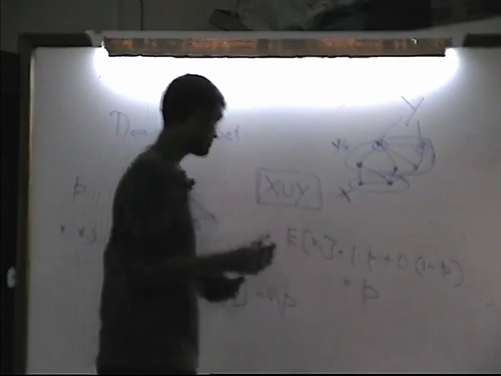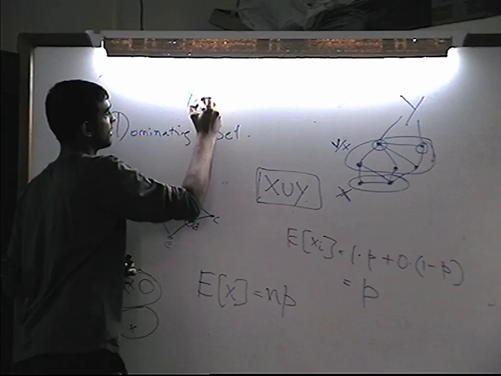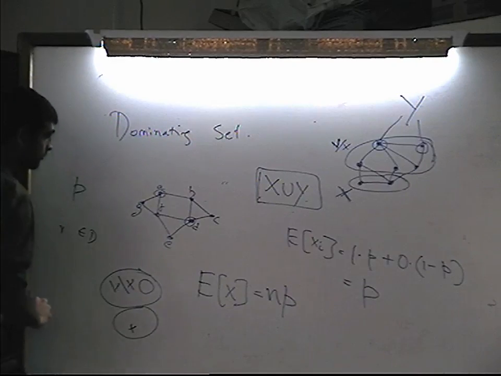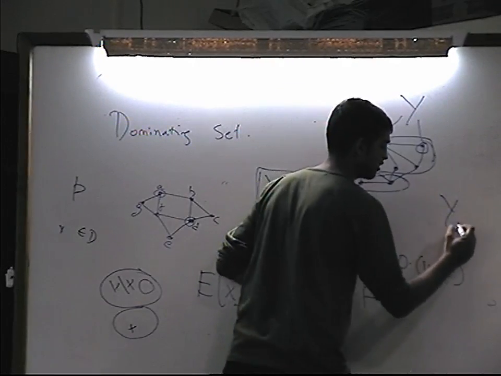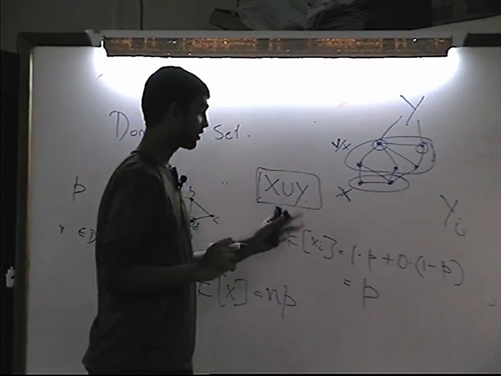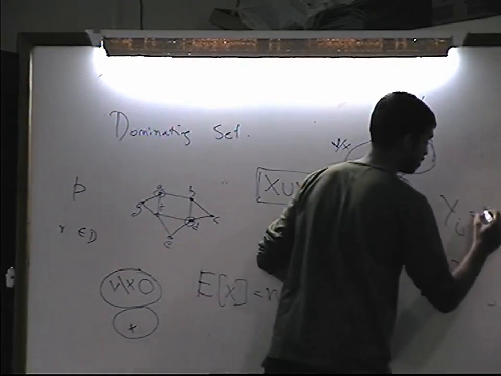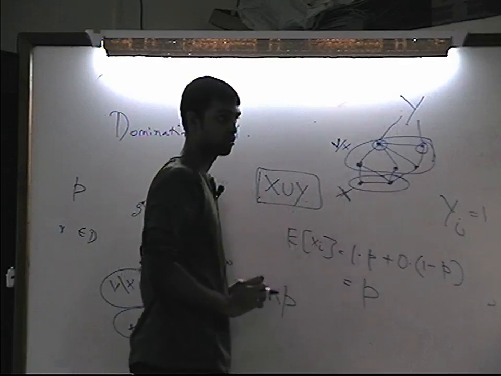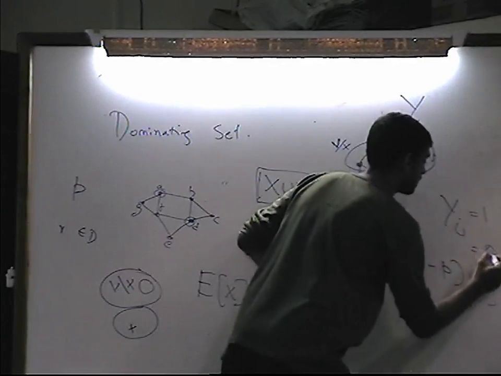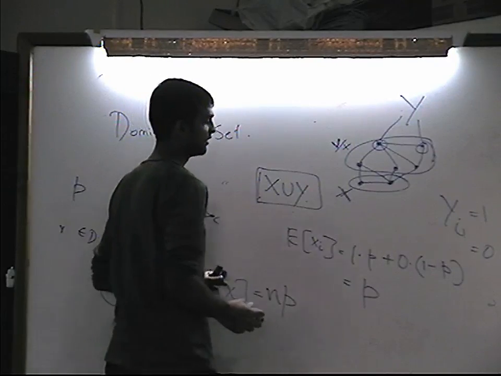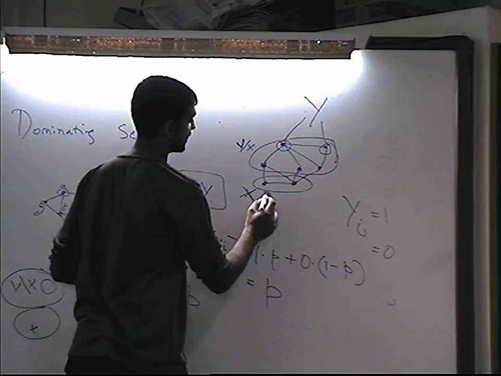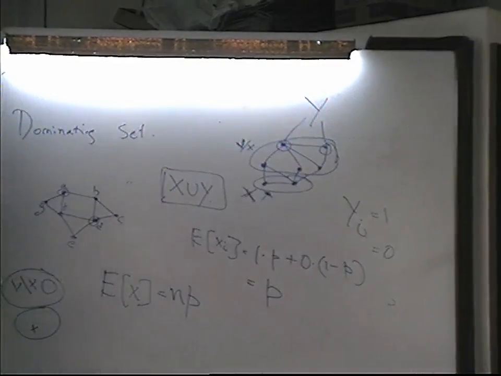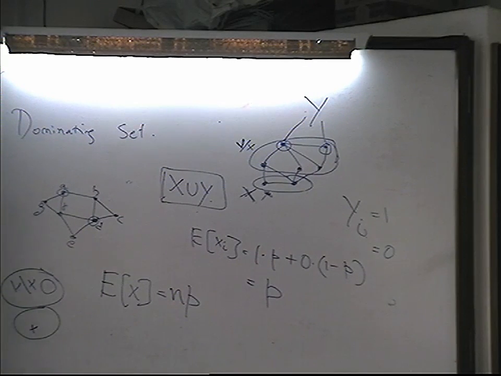Next I will associate a random variable yi with every vertex. What does this indicate? It is set to 1 if the vertex ends up in Y through my random experiment, otherwise it is set to 0, in which case either it belongs to X or it is a neighbor to one of the vertices in X, right? I hope the definition of yi is clear.